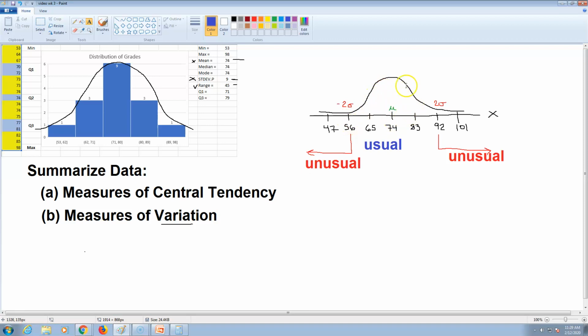Most of the data is in the belly, and the belly is between 56 and 92, not including 56 and 92. And that's what we call usual, typical, common, normal. And that's how we can use the mean and the standard deviation to figure out what is the typical and not typical data value from the set.